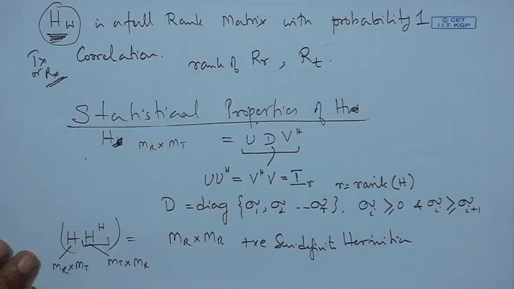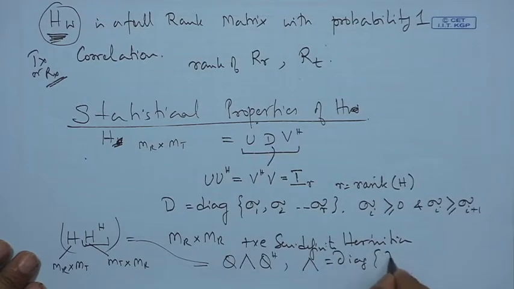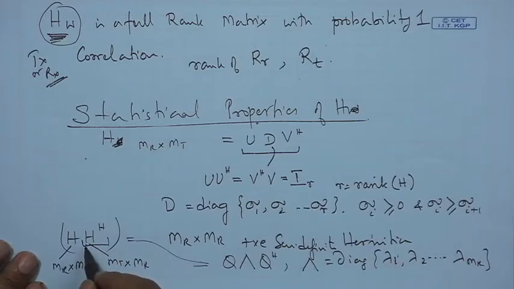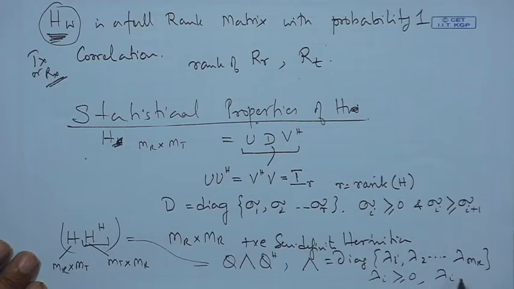You could decompose HH Hermitian into Q lambda Q Hermitian, where lambda is the diagonal matrix consisting of the eigenvalues lambda 1, lambda 2 and up to lambda MR. These are the eigenvalues of HH Hermitian, and lambda i's are greater than or equal to 0 and lambda i is greater than or equal to lambda i plus 1.